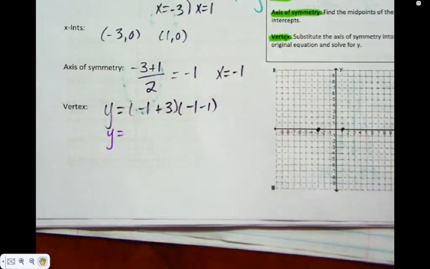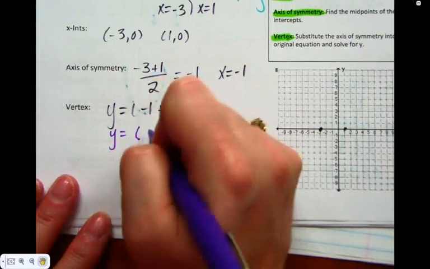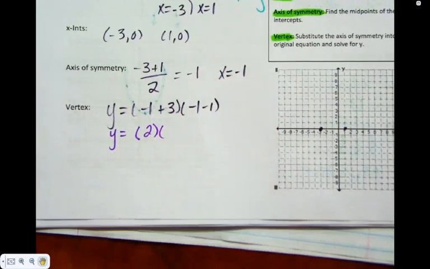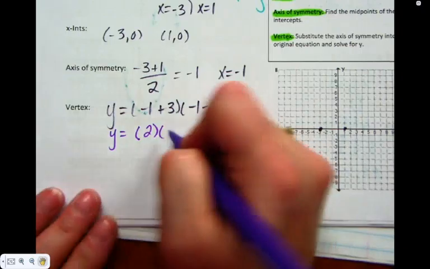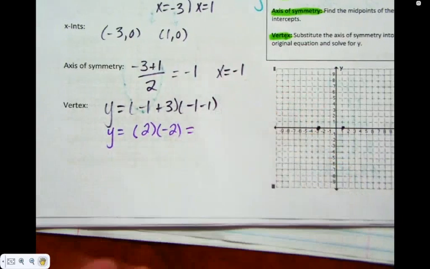BEDMAS says we do what first? Brackets. Okay, so -1 plus 3, and -1 minus 1. And what do we do next? Multiply, so 2 times -1.